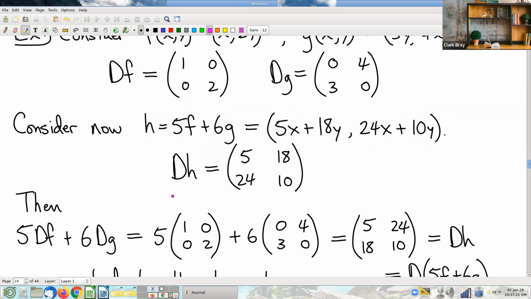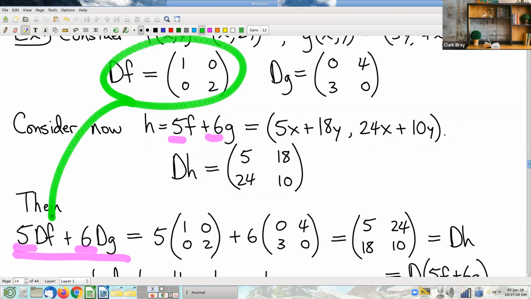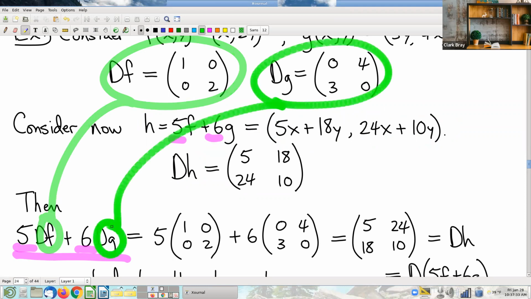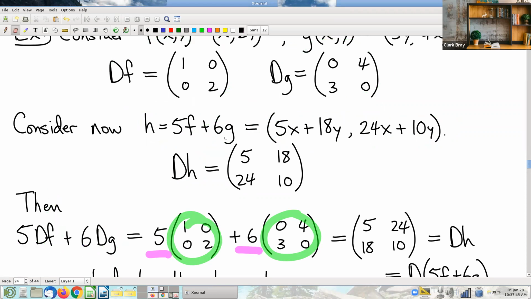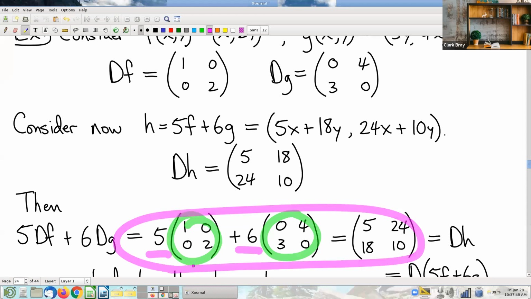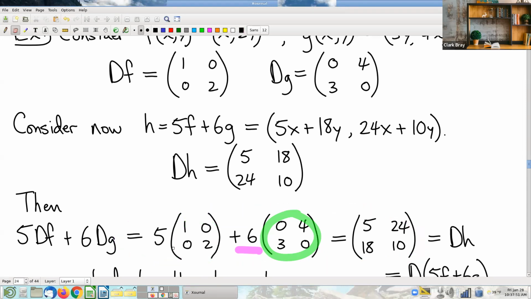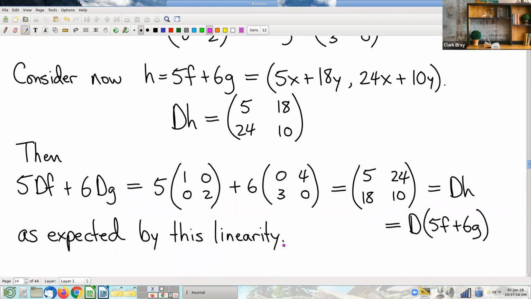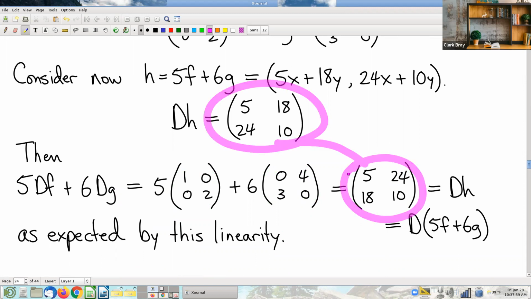Now let's take, instead, the same linear combination, 5 and 6, this time of the individual derivative matrices. And you see here, just doing that same linear combination of the individual derivative matrices, and you can do the arithmetic there. And this linear combination is that. And sure enough, as promised, these two things are equal. In other words, the derivative of the combination is the combination of the derivatives.